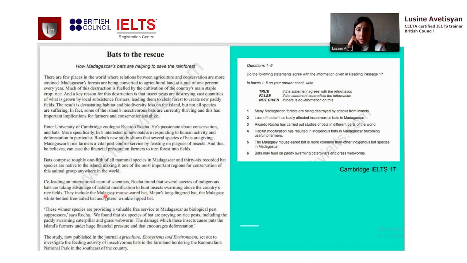So we have located, but let's read for detail. Co-leading an international team of scientists, Rocha found that several species of indigenous bats are taking advantage of habitat modification to hunt insects swarming above the country's rice fields. They include this and this and this and that. So now back to the question. This bat is more common than other indigenous species.